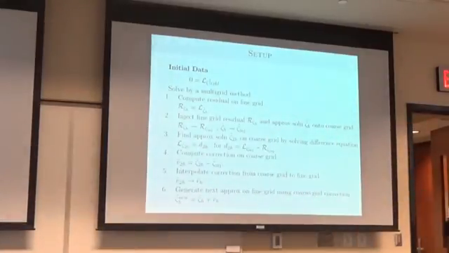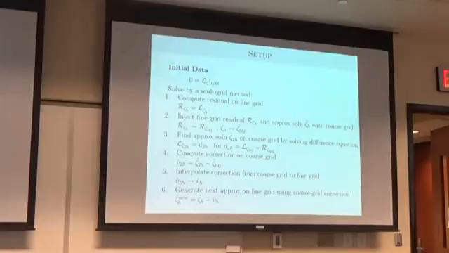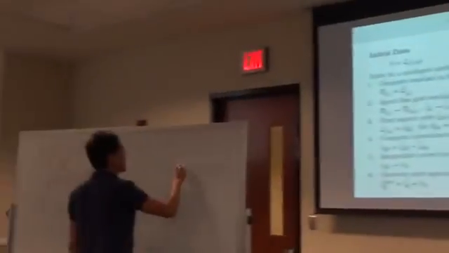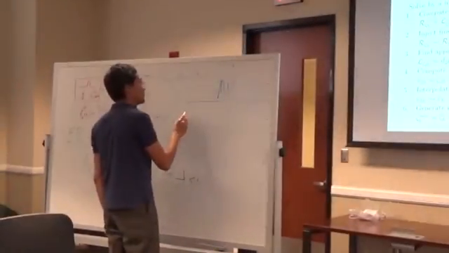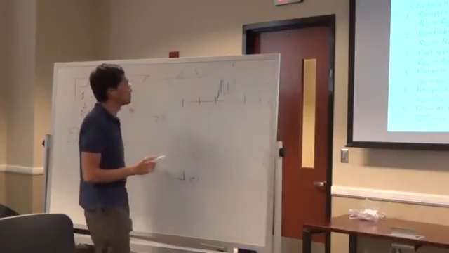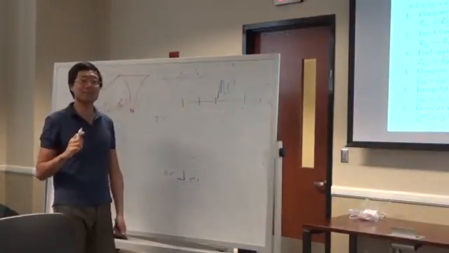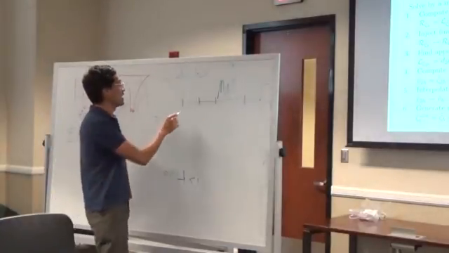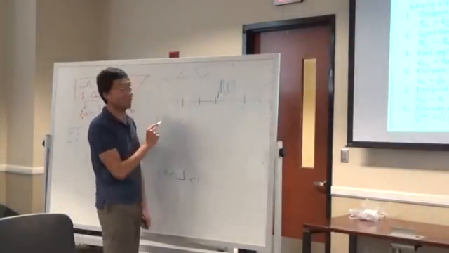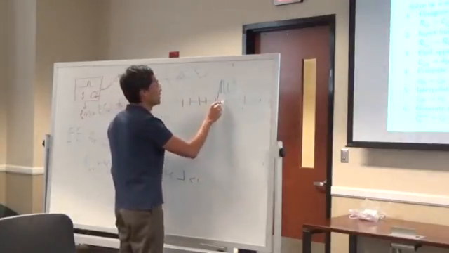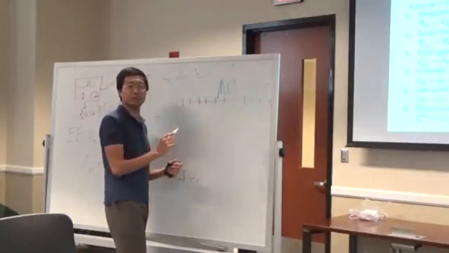So let me try to depict it here because I think it will be easier if you saw it. Let's say you had a grid and you had a very large fluctuation and some mesh spacing. So what multigrid does is it'll solve it first in this grid, but then it'll look at finer grids and solve the problem again and then do interpolation again.